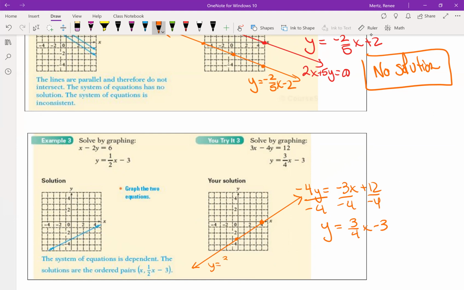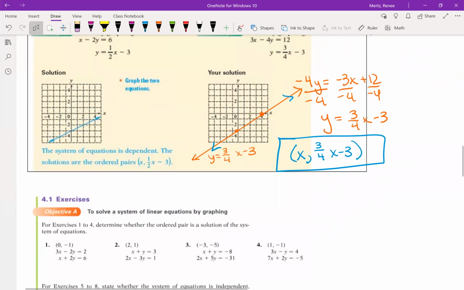It doesn't matter which one you label with this time because they're both the same. If you want to show them both being the same, you can just put another set of arrows on here. So this is how we write the solution. It's x, comma, the y equation. So y equals 3/4 x minus 3. So infinite solutions, every coordinate that falls on that line.